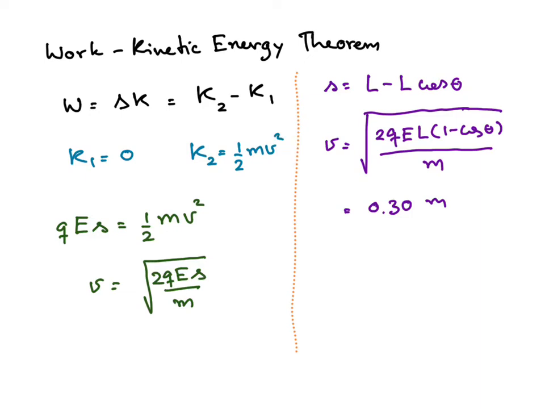Now we use the work kinetic energy theorem, and we have that the work done by the electric field is QEs, and the change of the kinetic energy is half of mv squared minus 0.